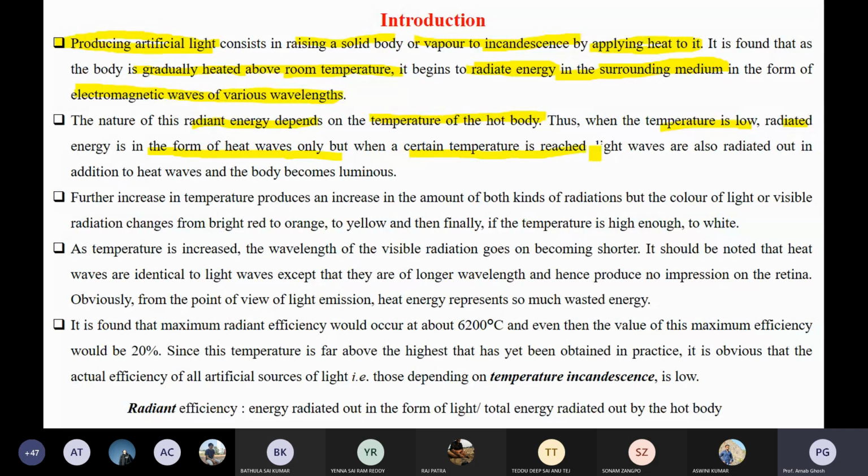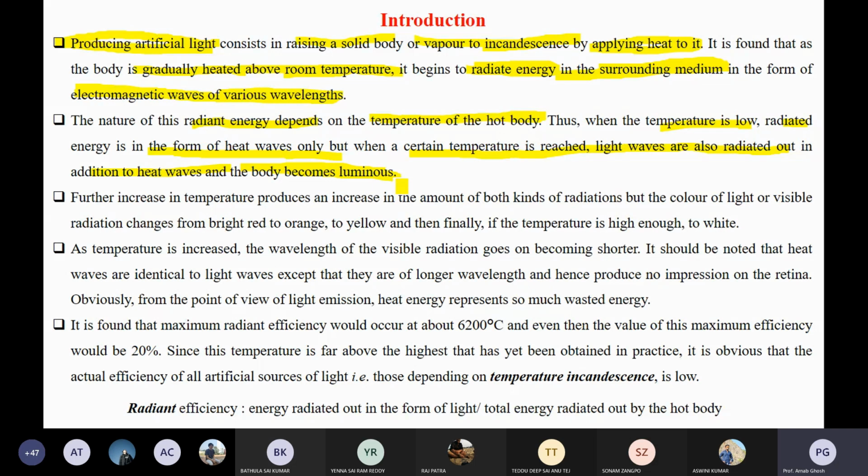So that's very common sense, and I think we already have this idea from your plus 2 level. Now, if the temperature is increased, then the wavelength of the visible radiation becomes shorter.